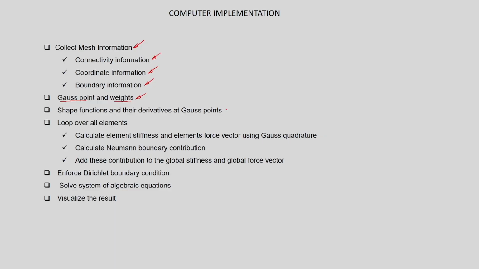Then we have to calculate the values of the shape functions and their derivatives at those Gauss points, because in the element stiffness entry we have gradient of Ni, gradient of Nj. So, those are the derivatives in the physical element, and we have seen how to convert those derivatives in the physical element to the corresponding derivatives in the master element.